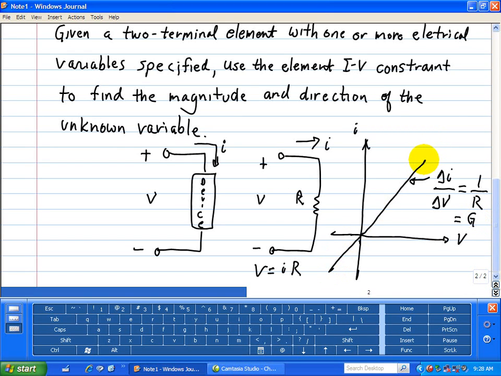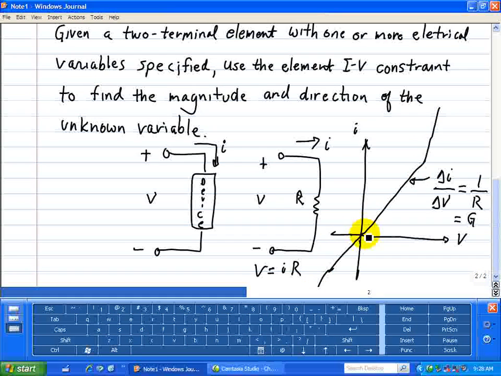Now some devices may go nonlinear, like so, and for the purpose of this introduction lesson to circuit analysis, we'll just consider the linear range for the moment. So that's what we mean by a two-terminal device, in which we have a resistance governed by the current and voltage characteristics for this device.